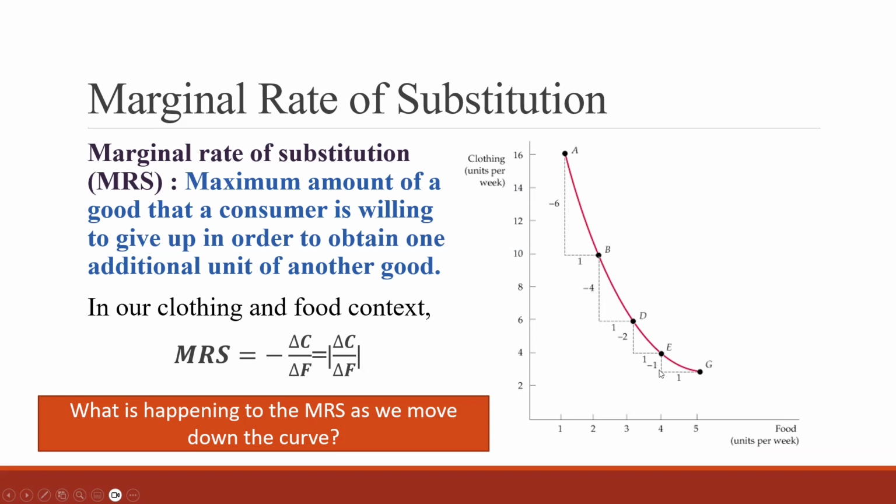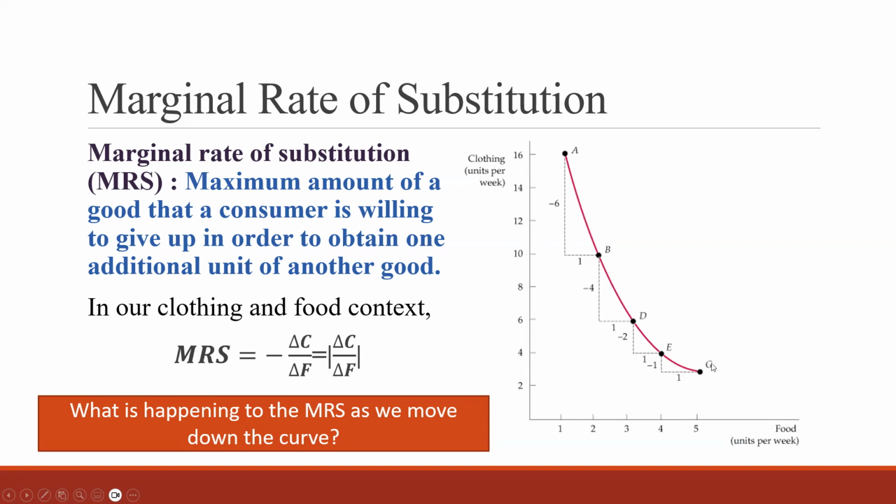That will impair your satisfaction a lot, right? Then we will not be as squandering of clothing as at point A when we are at point E to travel to G, right? So now we are only willing to exchange 1 additional unit of food with the sacrifice of 1 unit of clothing.